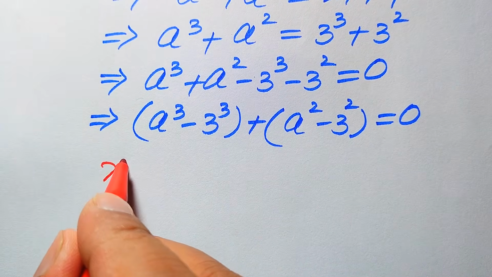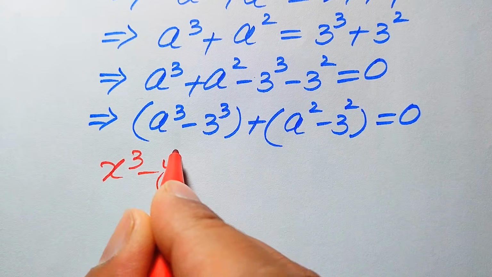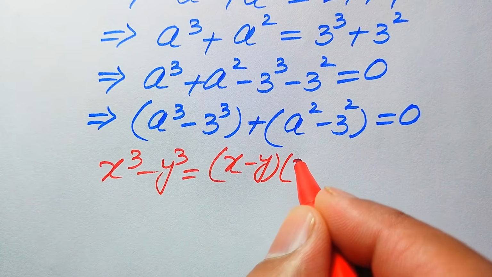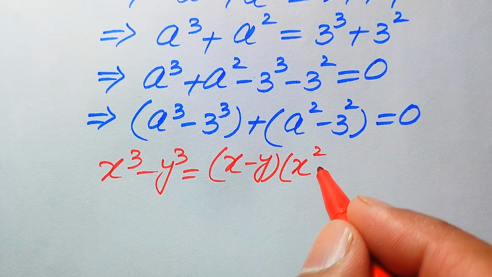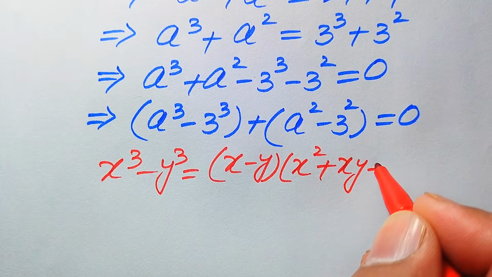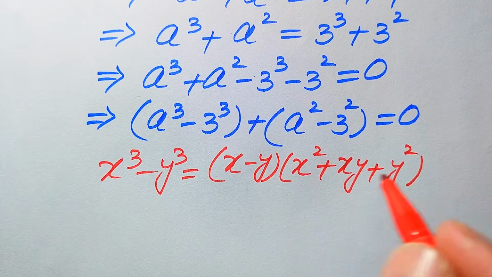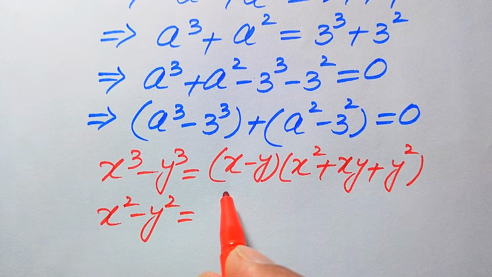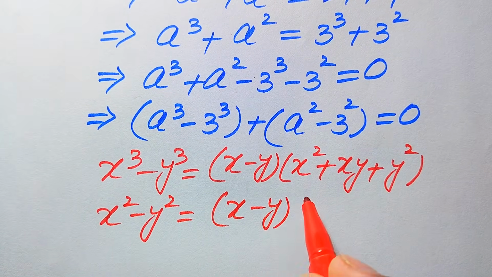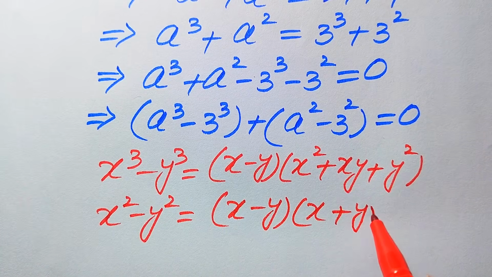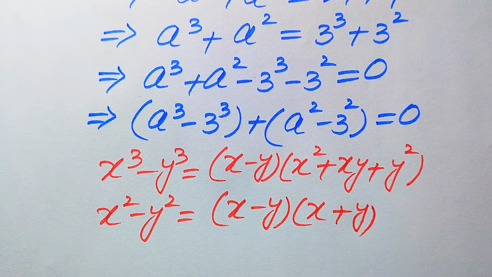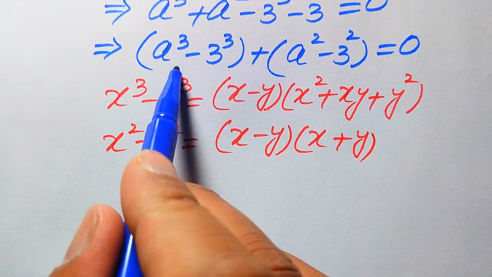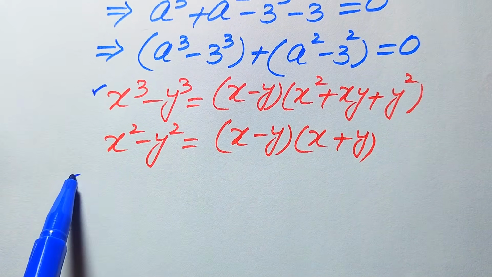The first formula is, x cubed minus y cubed equals x minus y times x squared plus xy plus y squared. And the second formula is, x squared minus y squared equals x minus y times x plus y. So we need these two nice formulas here.